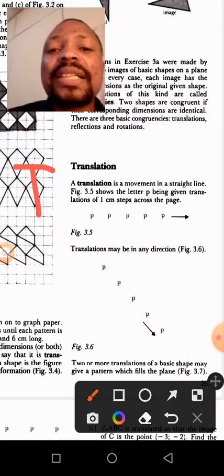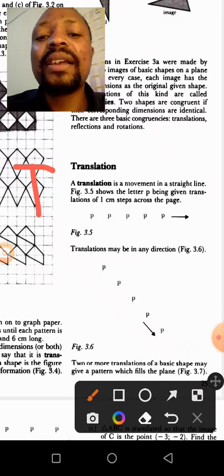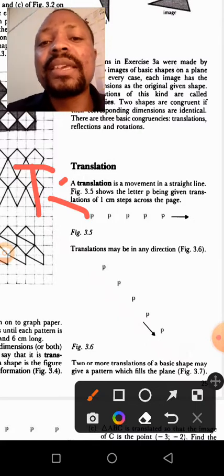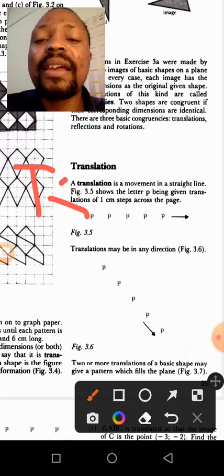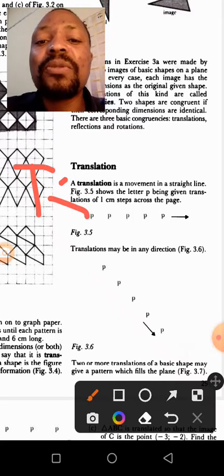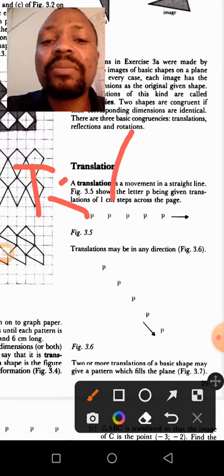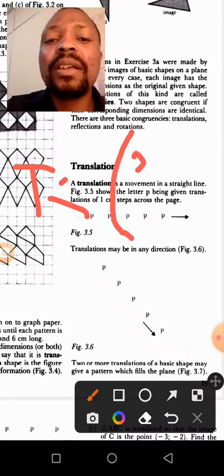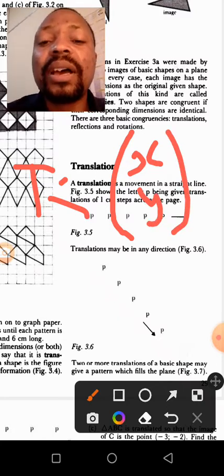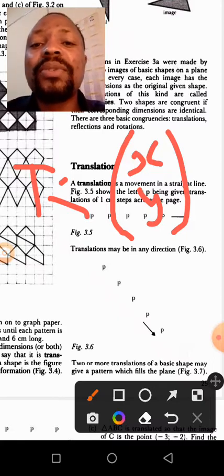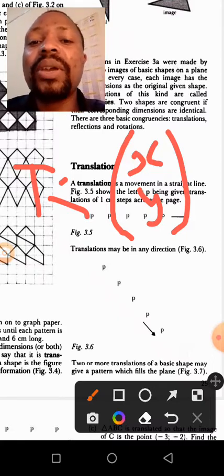Remember, the translation factor can be written as a single vector, represented x and y, as we are mainly concentrating on the information in a Cartesian plane, where we are talking of the x-axis and the y-axis.